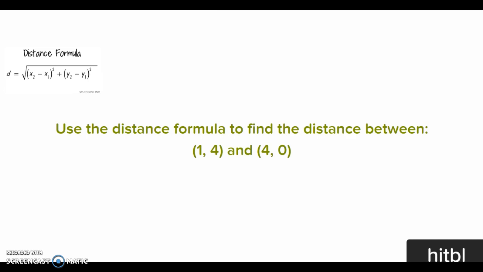I want to do one last example with you on what if they don't give us a graph and we can't make our right triangles, which you could always do. That's always an option. I want to show you, what if you're just given 2 points? First we're going to label x1, y1, x2, y2, and exact same thing like we did before.